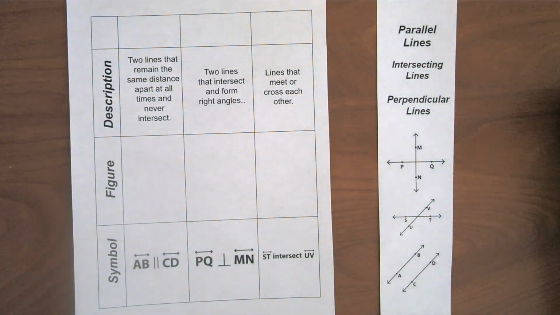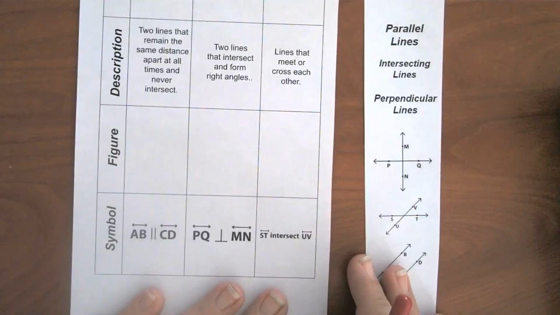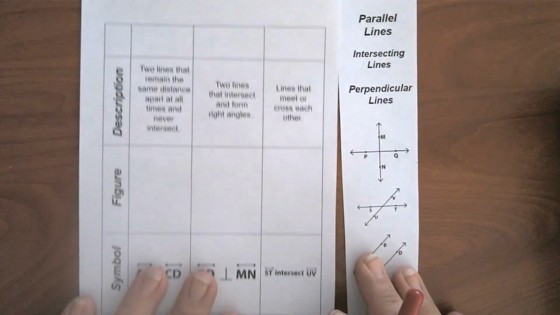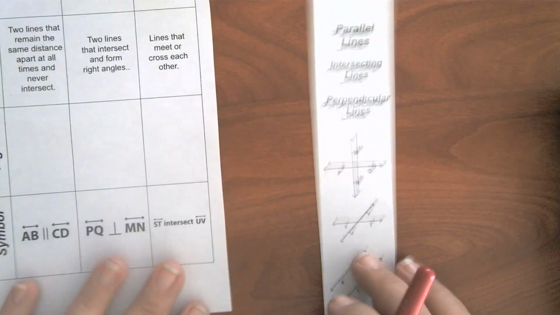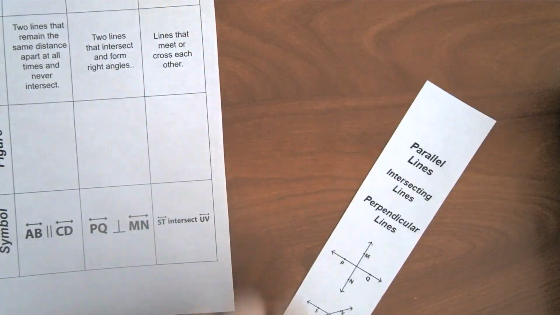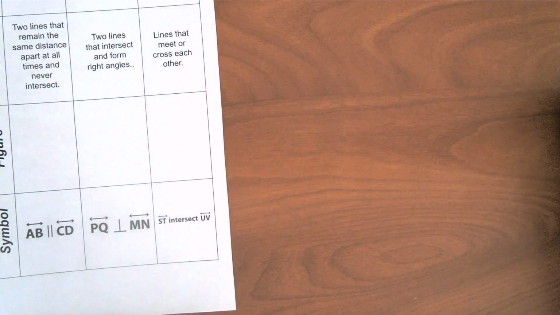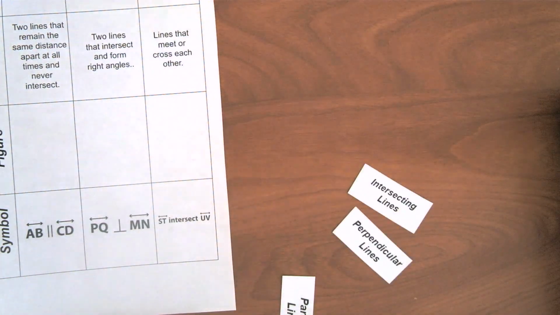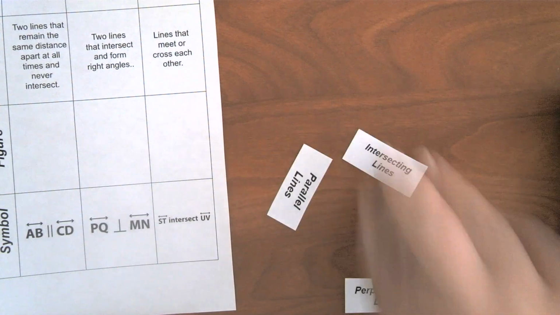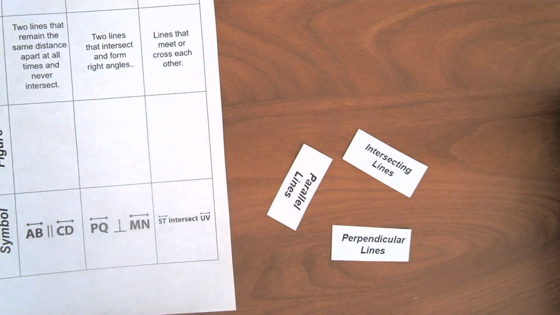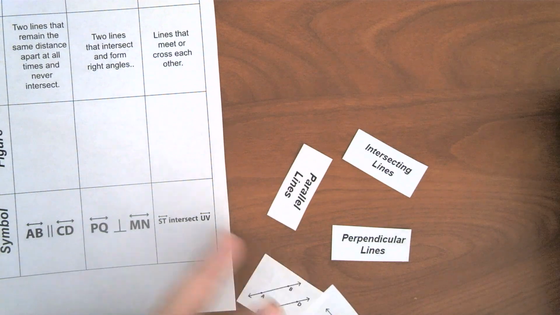All right, so for the second page, you need this piece of paper and this. What you're going to do is we're going to cut these apart. So pause the video while I'm showing you. I'm going to cut them apart so that you've got the 3 terms at the top, and then you have the 3 diagrams separate.